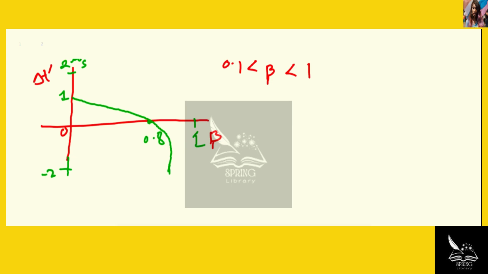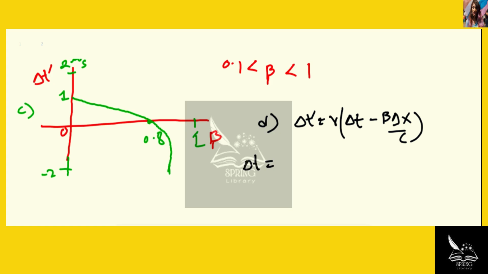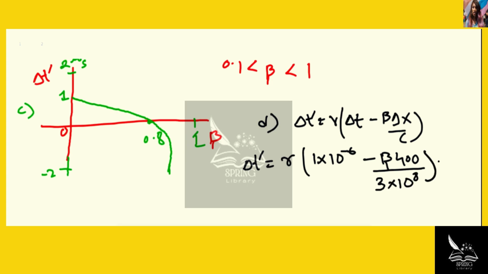So this was for C. For part D, setting Δt' = γ(Δt − βΔx/c) equal to 0: substituting the values, γ times (1 × 10^-6 seconds minus β times 400 meters divided by the speed of light, 3 × 10^8 meters per second) is equal to 0.